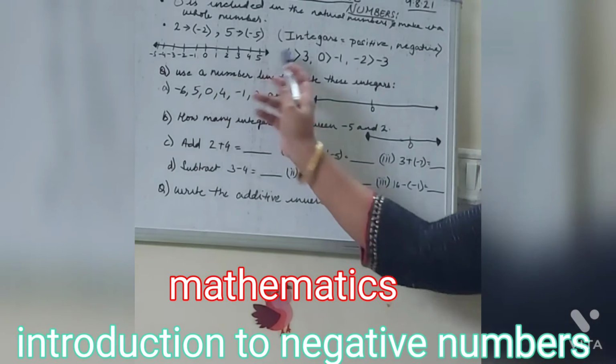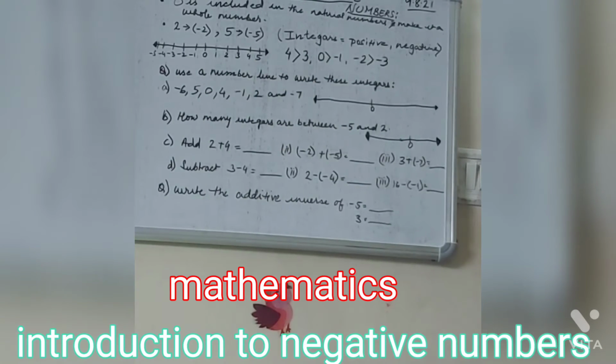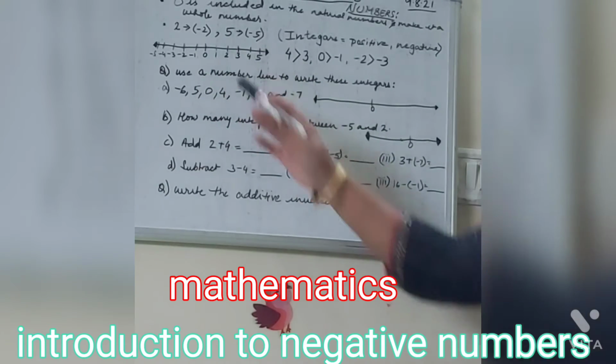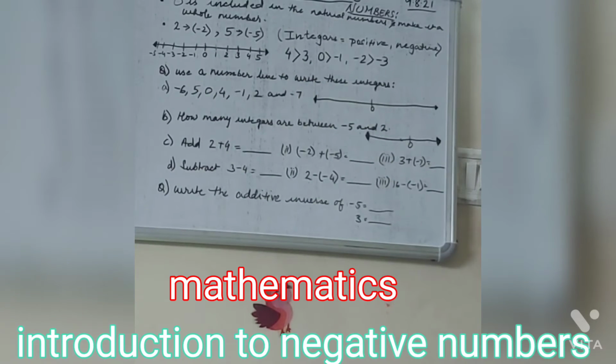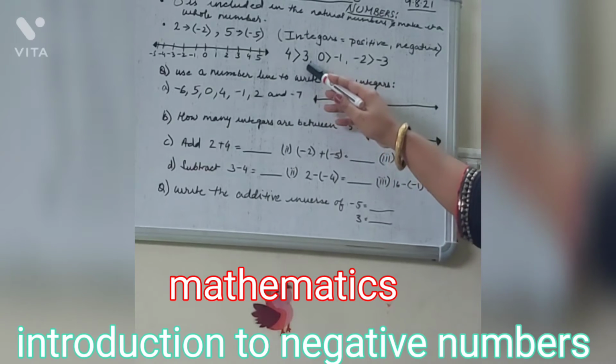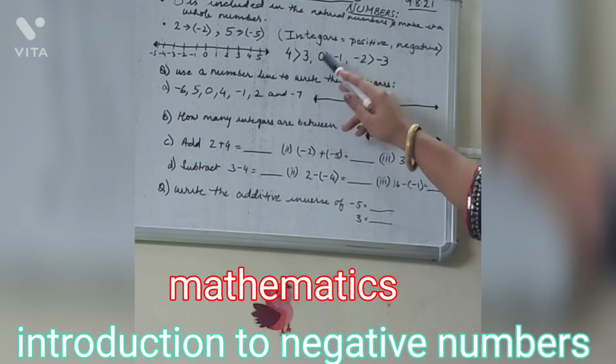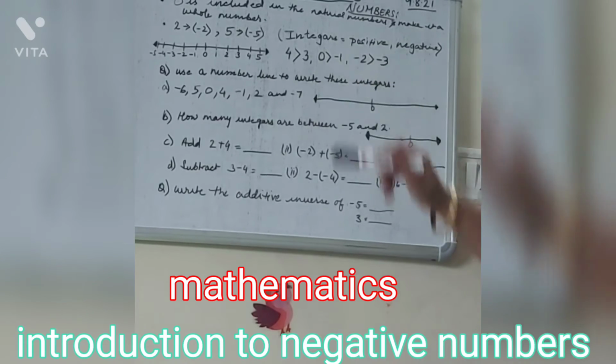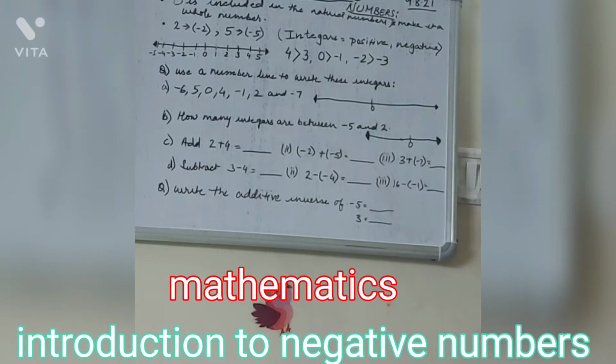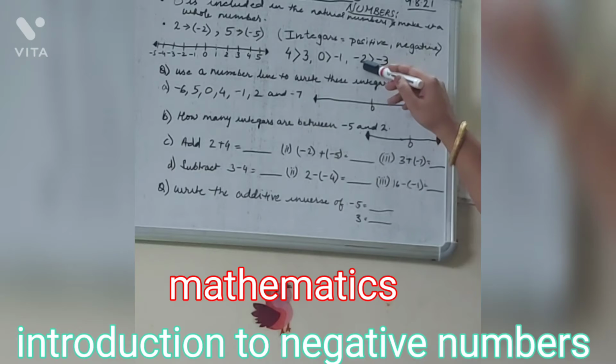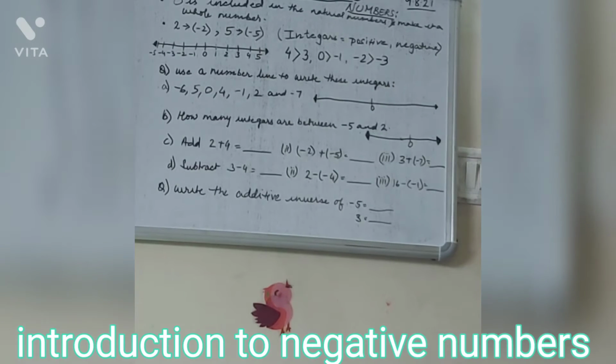Now, in this number line, you will find positive, negative and 0 in the middle, as I explained just now. Then you can see 3 is bigger than 0, 0 is bigger than -1, and -2 is bigger than -3.